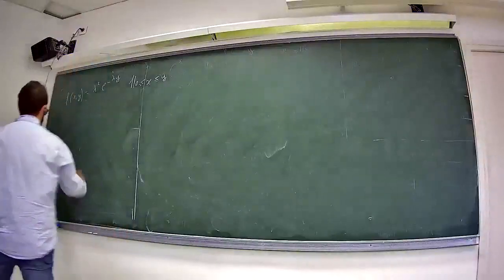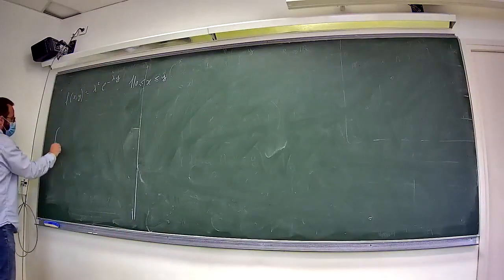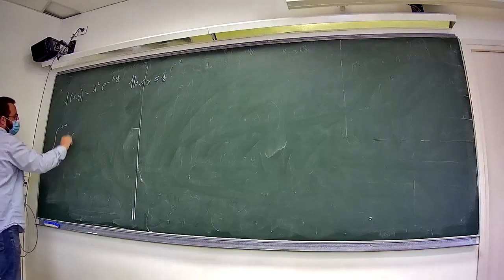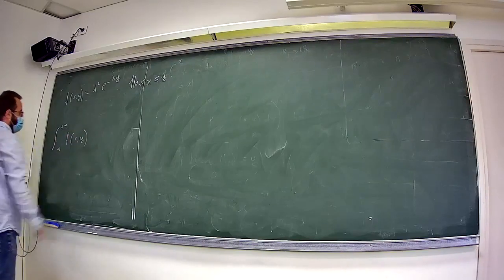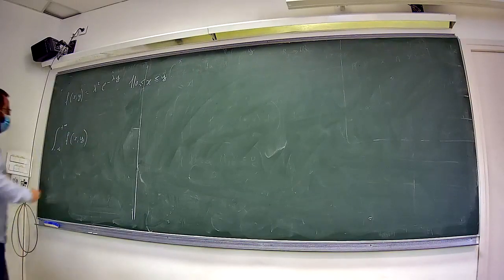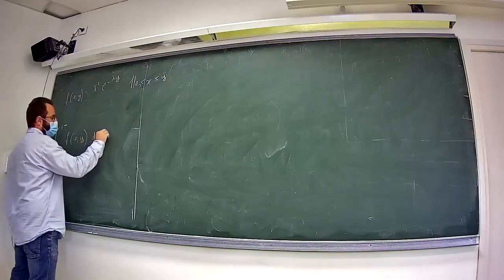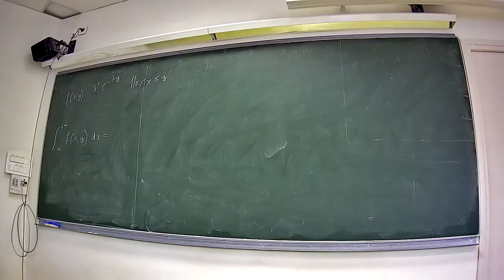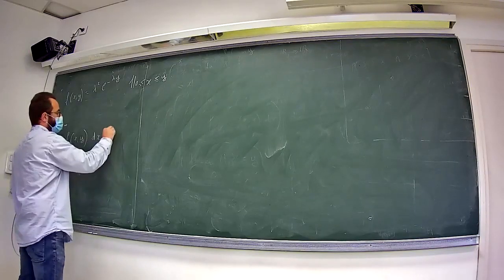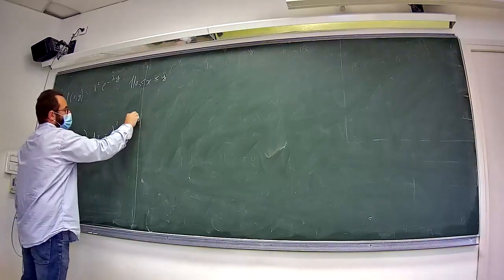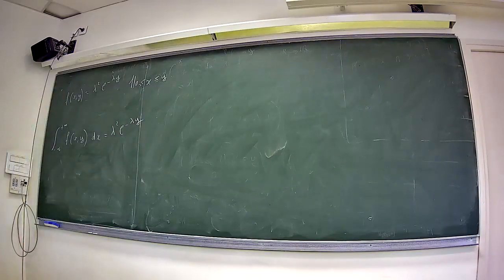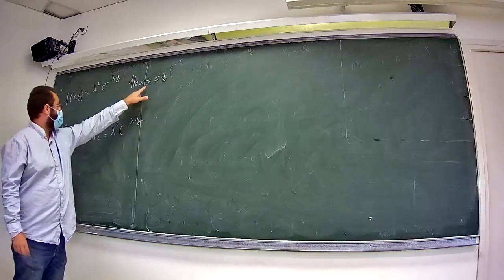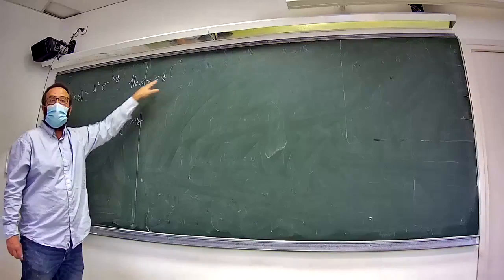Okay? So, if you compute first the integral with respect to what? So, I have to do both. So, let's do with respect to x. I want to compute the integral with respect to x here. Okay? I can remove the term that doesn't depend on x from the integral, that is this one. And I can also take into account the fact that x is between 0 and y, and y is positive.